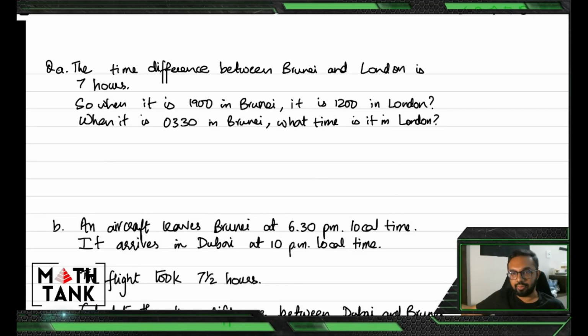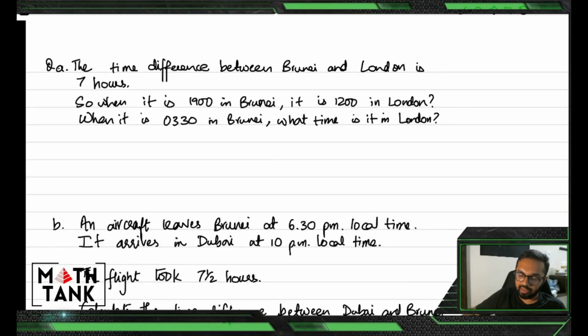So again, I sort of have to go back. Why? Because London is behind Brunei, so a little tricky again. So what I'm going to do is, okay, I have to subtract.